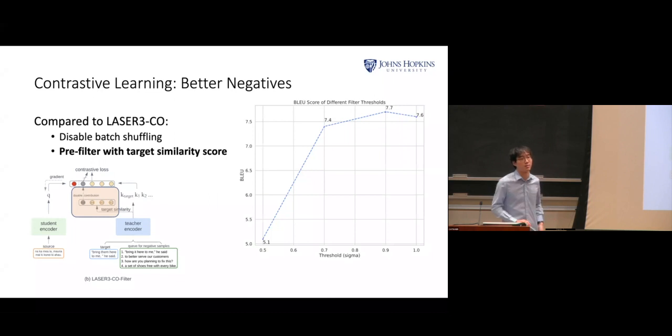Otherwise you do the experiment to find out what's a good threshold, so this becomes another hyperparameter search. Whereas if you had some sense of how similar real meaningful sentences are, you can just say anything above this, I don't want to contrast because it's very likely to be a sentence that means the same thing anyway. Yeah, I agree.